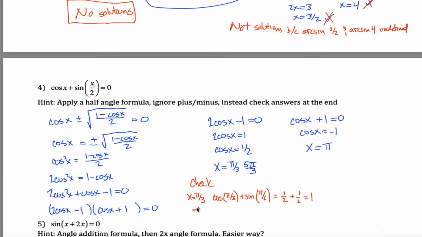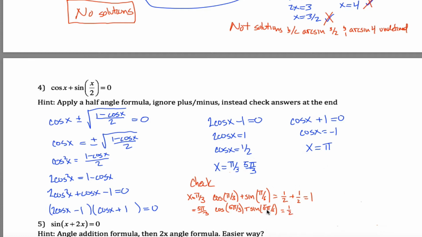What about x equals 5 pi over 3? Well, that would be the cosine of 5 pi over 3 plus the sine of half of that, which is 5 pi over 6. See, the cosine of 5 pi over 3, I'm almost all the way around the unit circle, just a little bit short. I'm looking for the x coordinate there, which is positive 1/2. 5 pi over 6, I'm almost all the way up to pi.